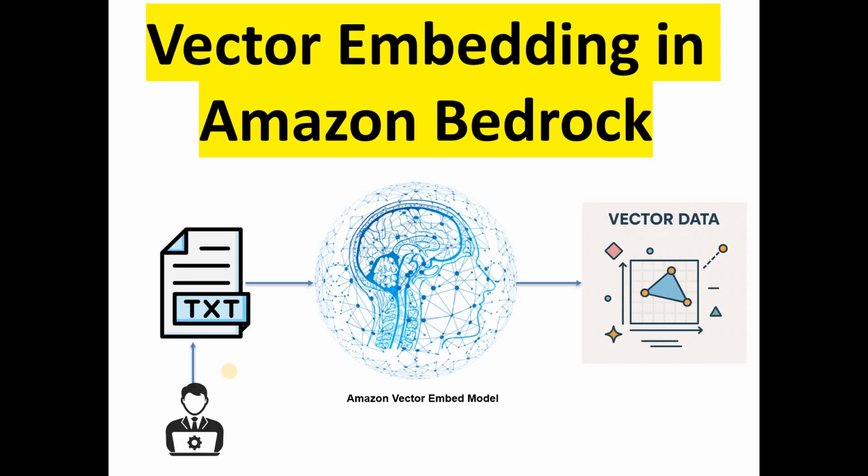So this is a very simple lab session, but it has an immense benefit that you need to understand when you're working with AI technology. Vector embedding is now becoming one of the hot topics in the current IT industry because of its immense applications.